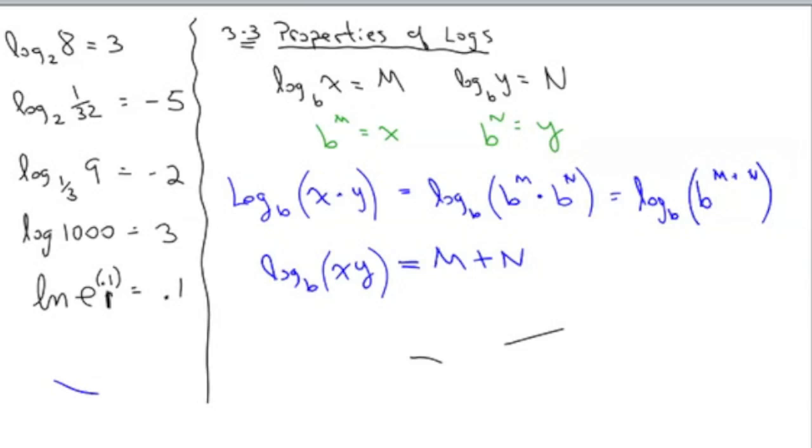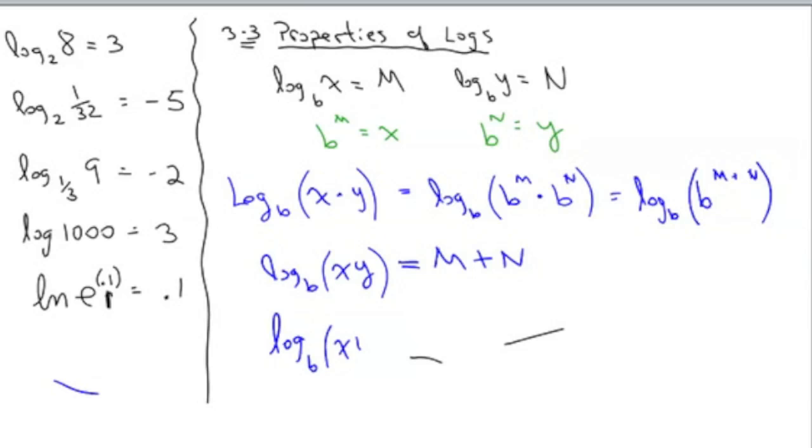Great, except that means absolutely nothing. The left-hand side has x and y, and the right-hand side has m and n. But m is equal to log base b of x. You'll see.